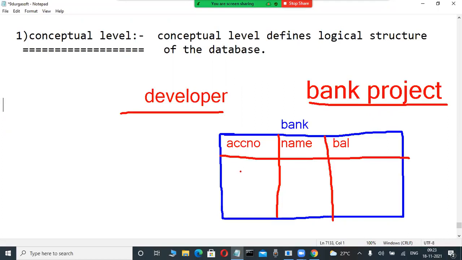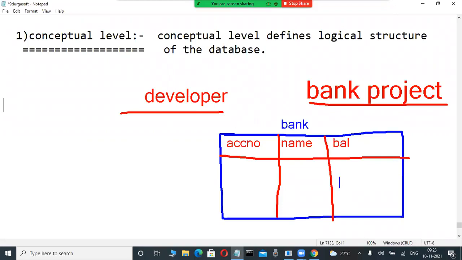Suppose for the account number column, we are not allowed to store characters, only numbers. That is how you define number as a data type. For name, we are not allowed to store numbers, but we are allowed to store characters. How is it possible? Data type varchar2 is there. For balance, we are not allowed to store characters, only numbers. We define that with number as the data type.